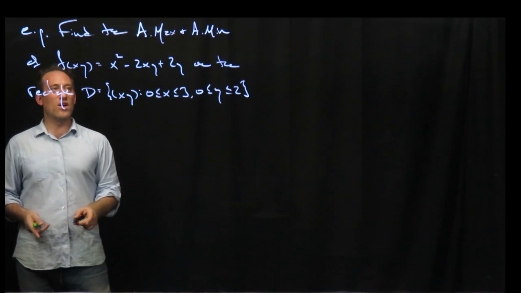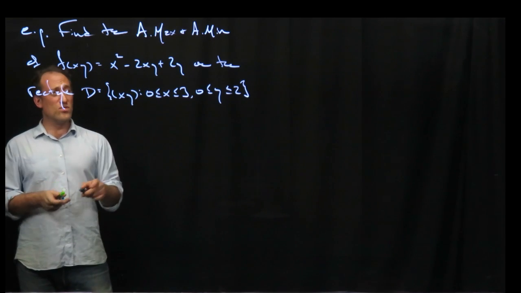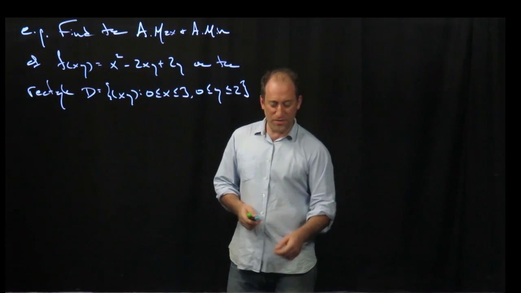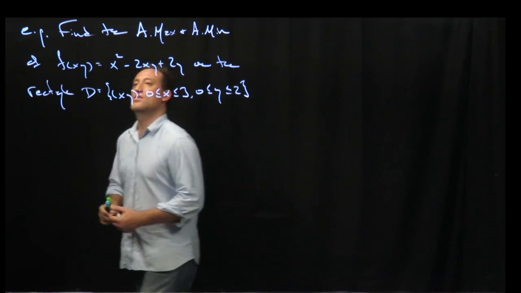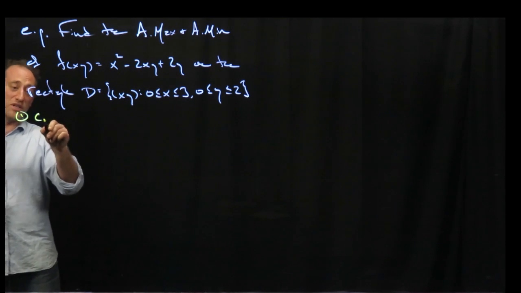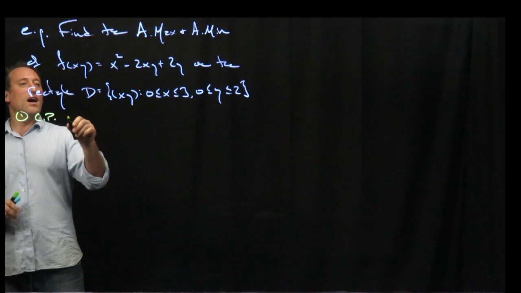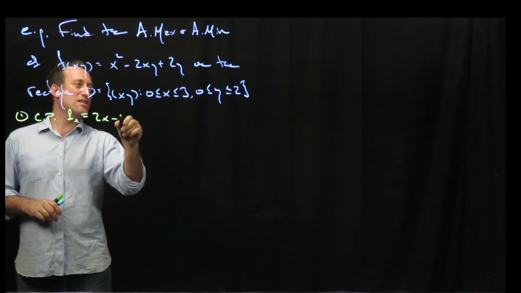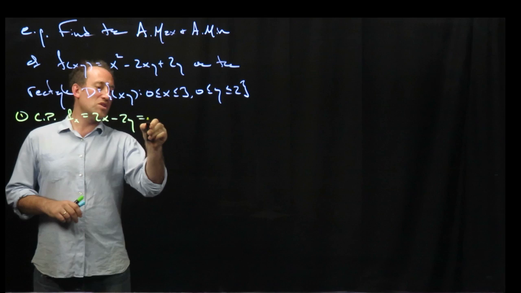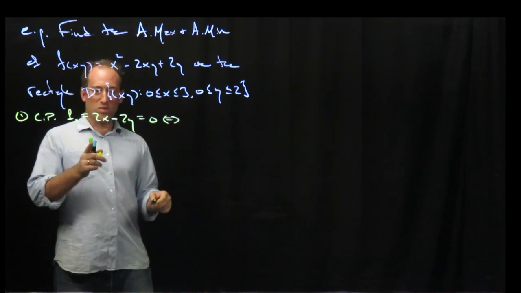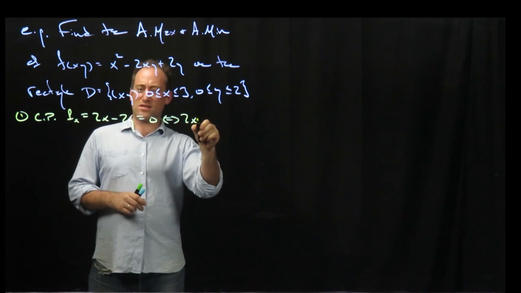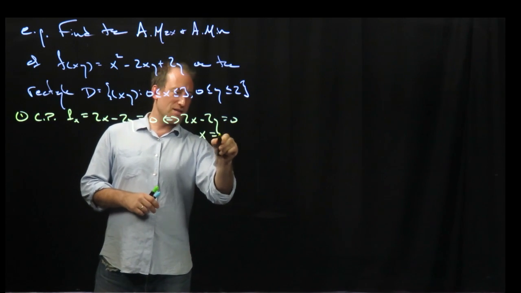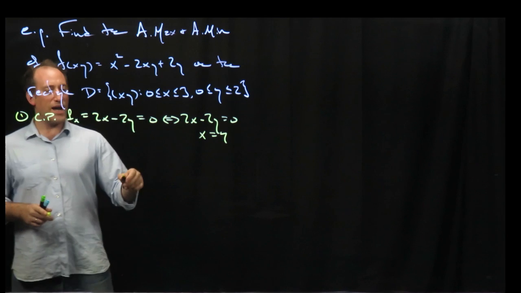Okay, so step 1 is to find the critical values and evaluate f there. So, the critical points. Let's see, fx is 2x minus 2y, which equals 0 precisely when x is equal to y.